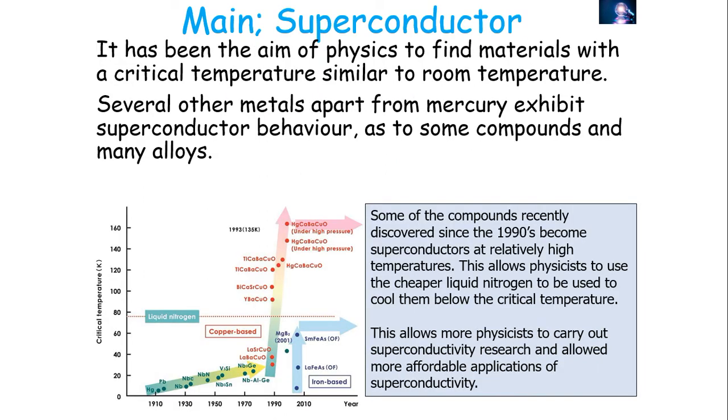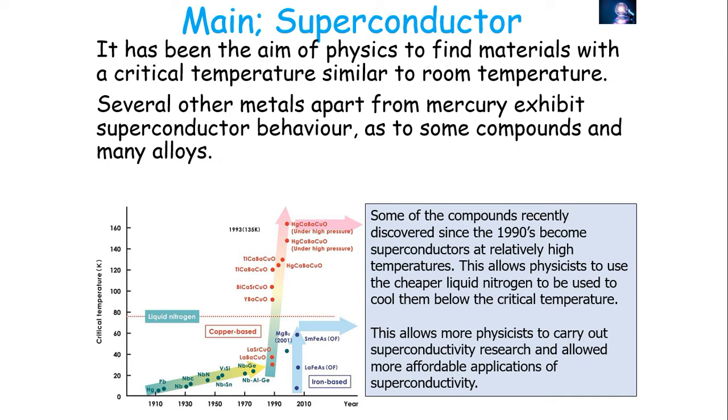Now, it's always been the aim of physics to find materials which have a critical temperature similar to room temperature. Several other metals, apart from mercury, exhibit superconductor behavior, as do some compounds, and so do many alloys. Some of the compounds were recently discovered, since the 1990s.